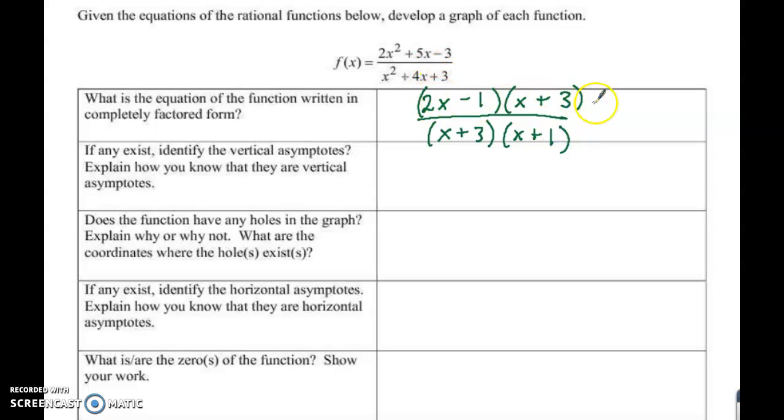That way I get 6x minus 1x is 5x. And I kind of did this weird, but my canceling are the x plus 3's. But now I can figure out my vertical asymptote at x equals -1. What's the reasoning? It's the non-canceling factor in the denominator.